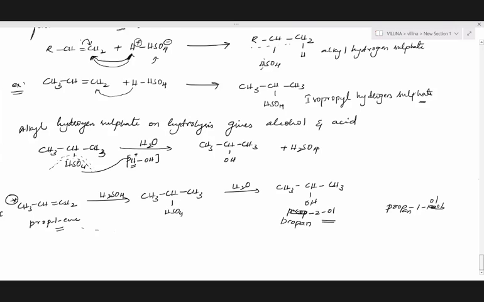Can we add this OH group on the first carbon, because the unsaturation is between the first and second carbon? We are not even ending up with a mixture of 1-propanol and 2-propanol; we are only getting 2-propanol. So is there any possibility for that? Yes, that happens via a different course of reaction called hydroboration oxidation.